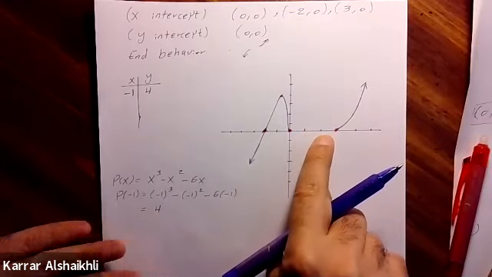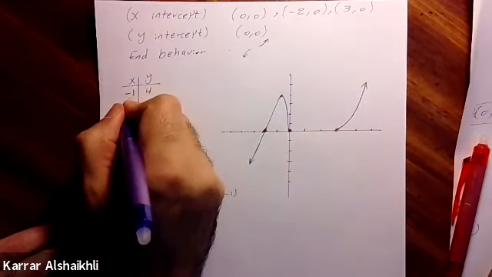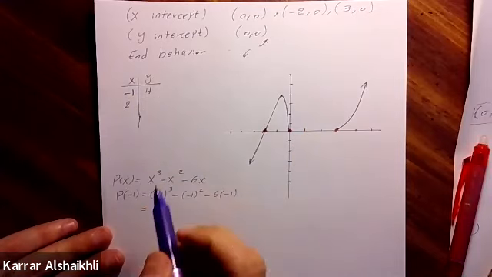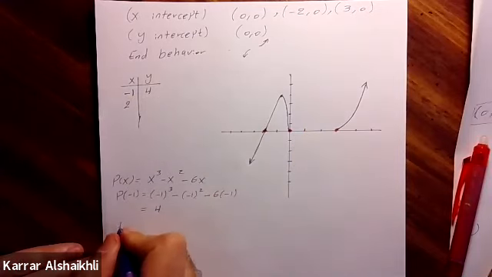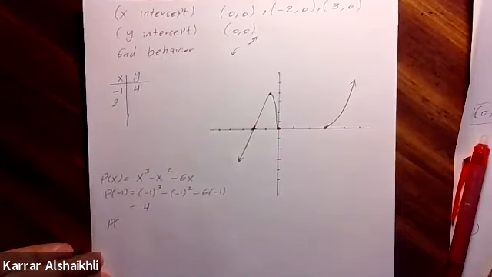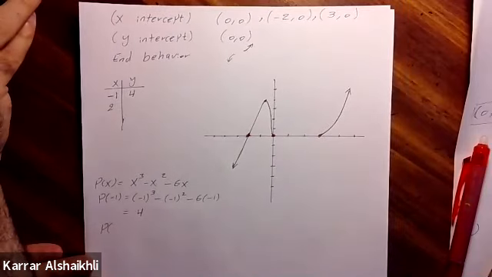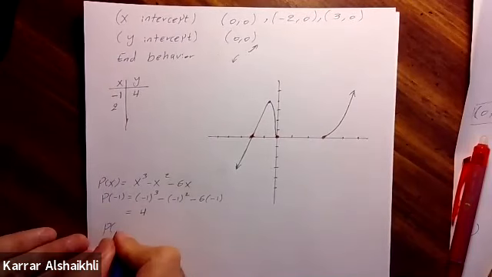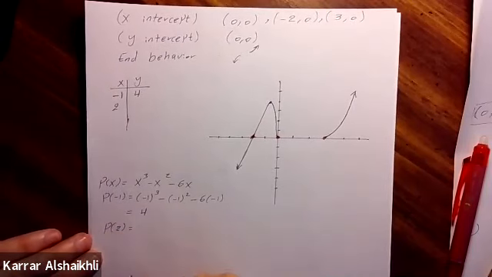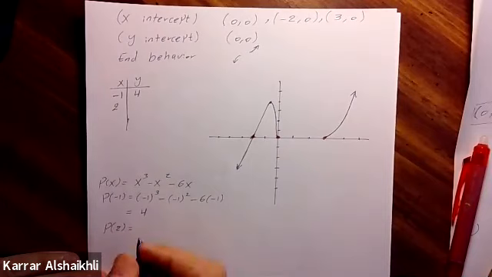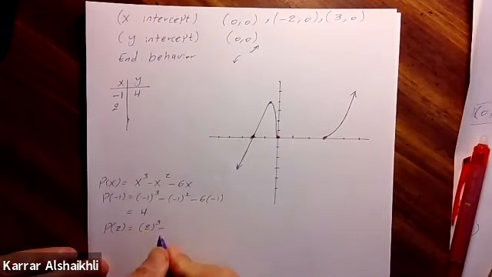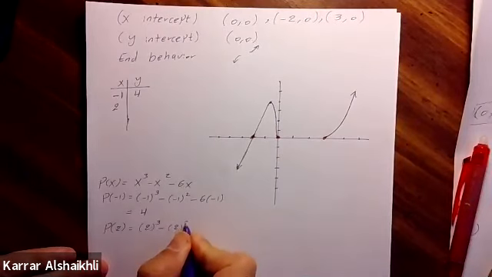Let's choose 2. So when x equals 2, I'm going to plug in 2 here in the polynomial function. So P of 2 is going to be 2 cubed minus 2 squared minus 6 times 2.